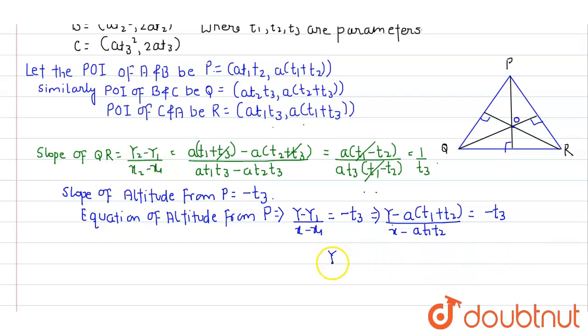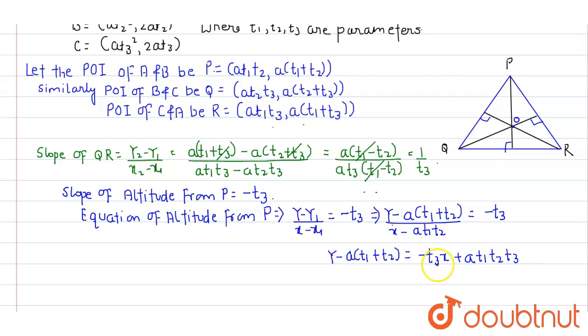So what will we get? y minus a times t1 plus t2 is equal to, what you will get here, minus t3x plus a t1 t2 t3.